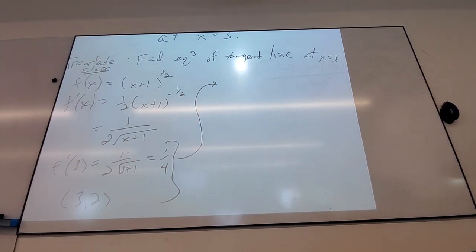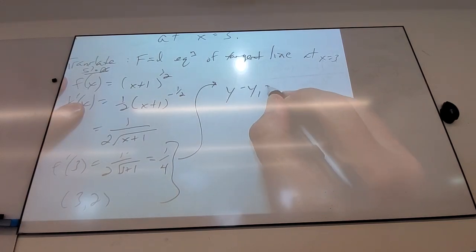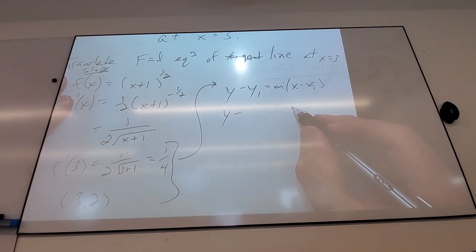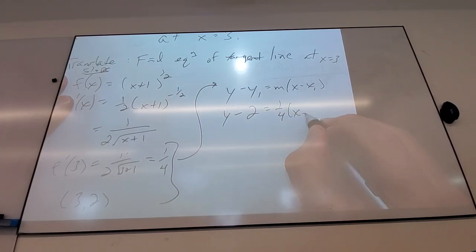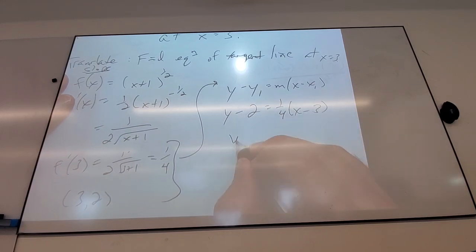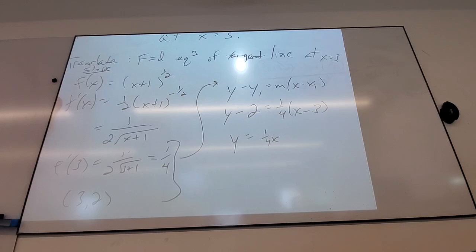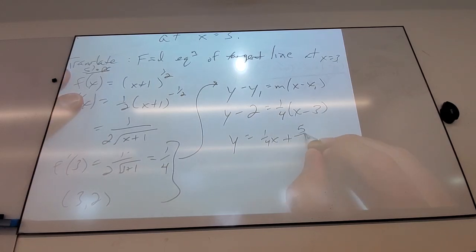If you want to, there's nothing wrong with doing the process where you solve for b. If you know what I'm talking about, you can do that. If you don't, you can just do this. So y minus 2 equals 1/4 times x minus 3. So I get y equals 1/4 x minus 3/4 plus 2 is plus 5/4, yes? Okay.